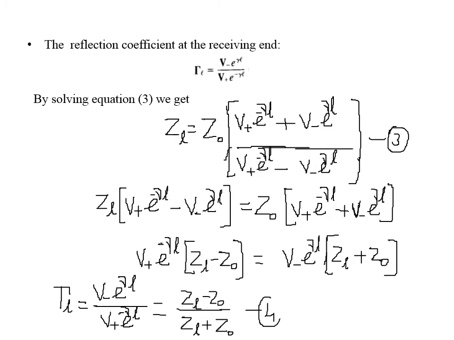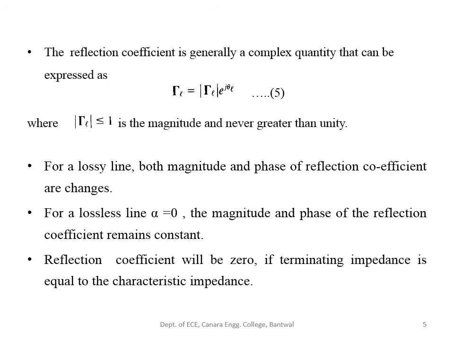So this is a question. A load impedance of ZL using a reference impedance Z0 corresponds to a reflection coefficient. If the load ZL were measured not directly but through a transmission line, then the magnitude of the reflection coefficient is identical. However, its phase will have shifted according to equation 5, where the magnitude of gamma L is never greater than unity.